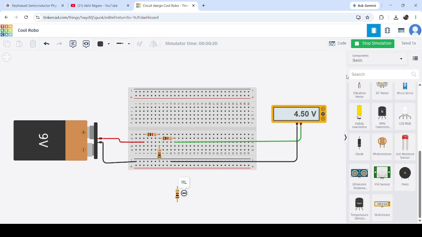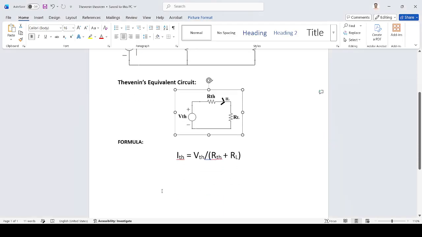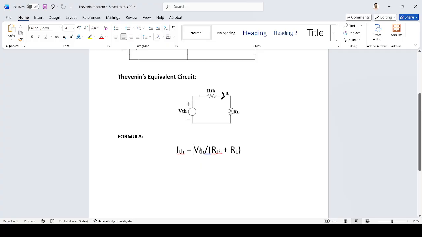As you can see, we have taken all resistances as 1 kilo ohm. After finding these parameters, let's move towards our formula. The formula is ITH equals VTH divided by RTH plus RL.